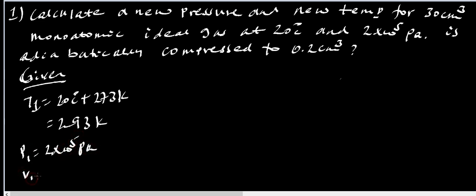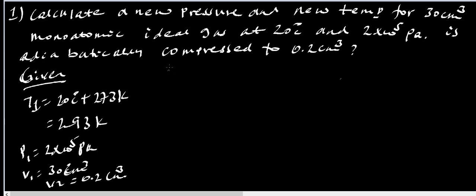Volume 1 is 30 centimeter cube and volume 2 is 0.2 centimeter cube. So let's use a relationship between pressure and the volume.